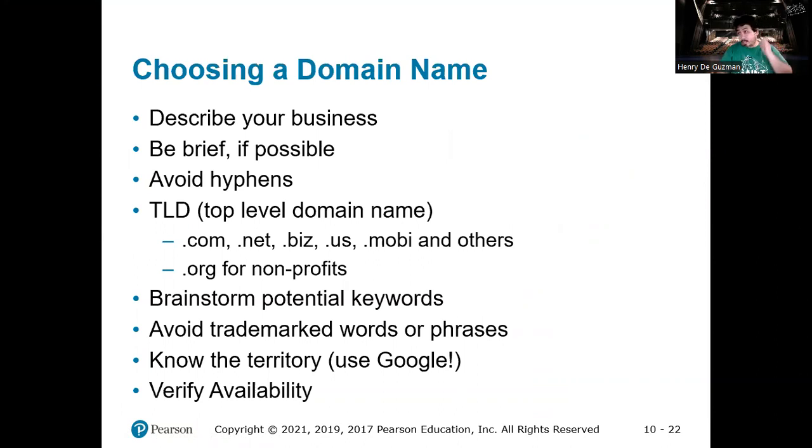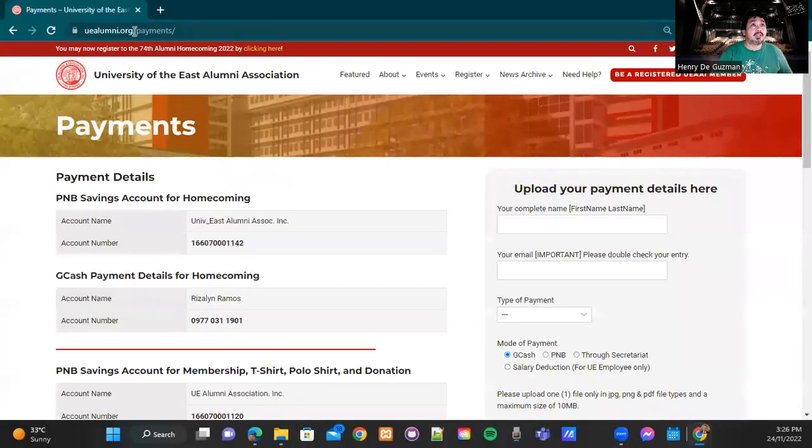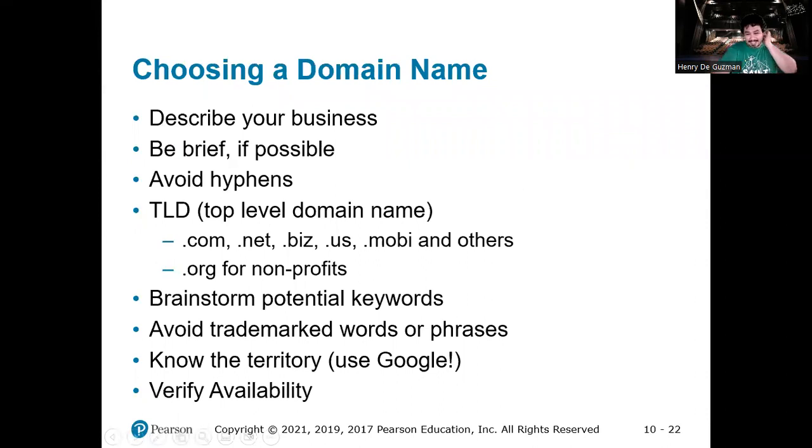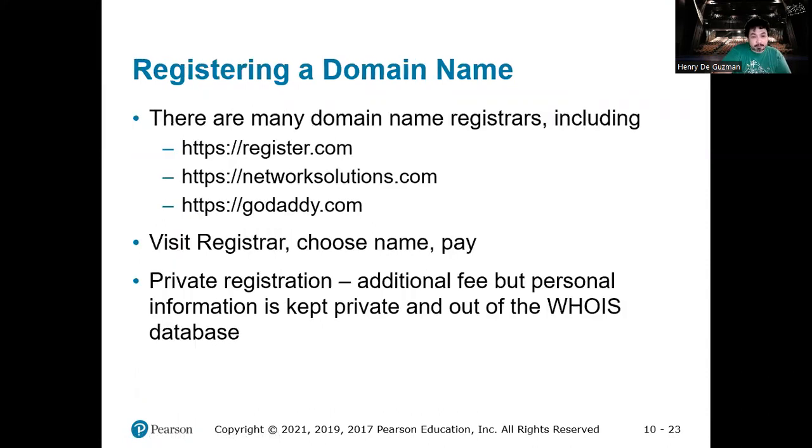Namili ako sa aking client before ng uealumni.org. Ang naisip ko diyan ueaai.org, pero ayaw nila, maganda may alumni, so sila yung nasunod syempre. Yun nga lang, medyo mahal kasi may word na alumni. Alam nila yan kung ano yung pagkakakitaan mo.